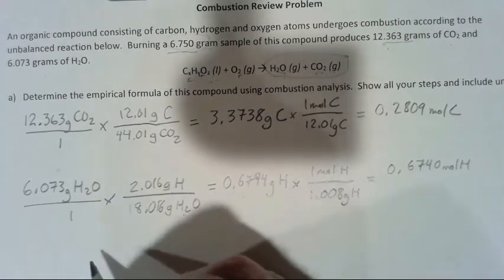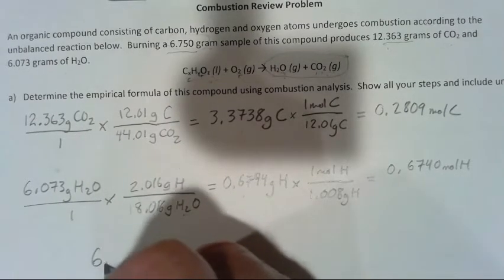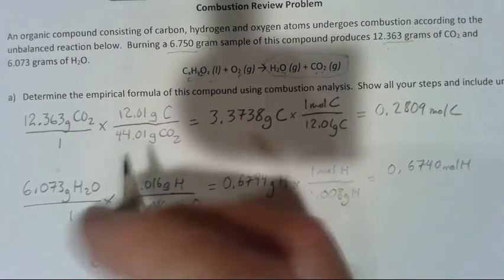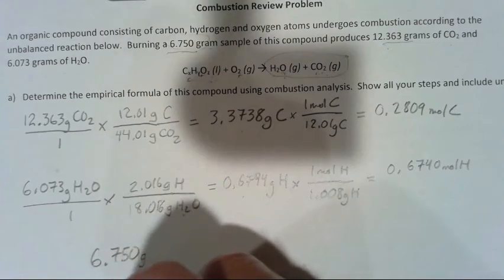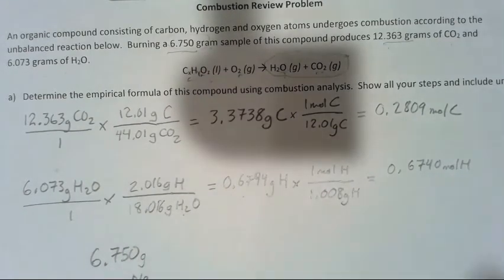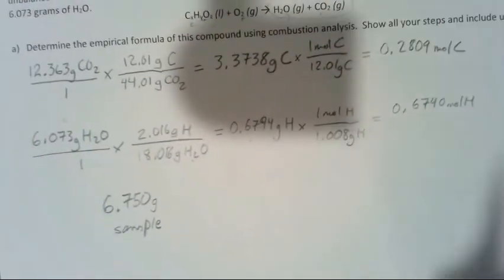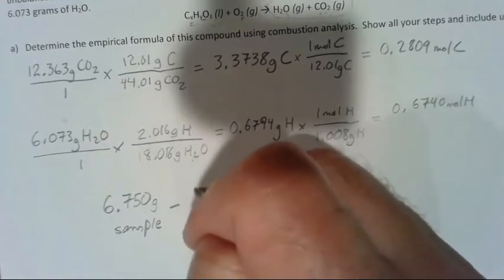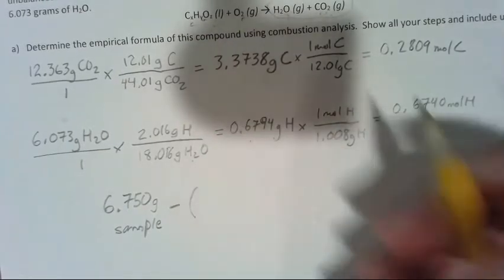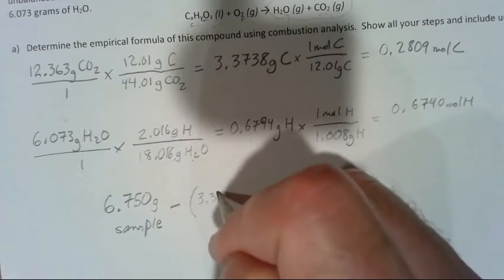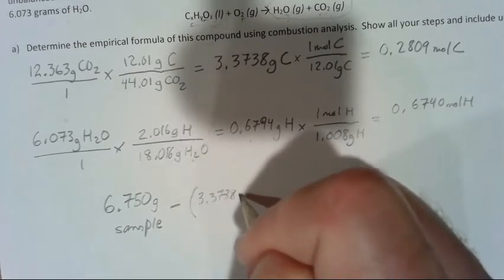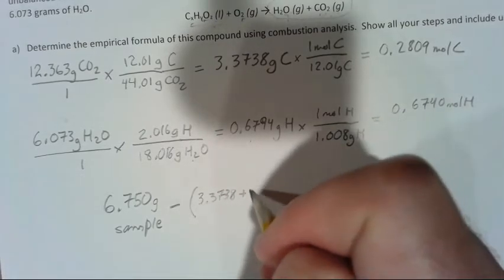We can do a little subtraction to figure out how much oxygen is in the sample. Okay, so we're going to say the mass of the sample, minus the sum of the grams of carbon, 3.3738, and the hydrogen.